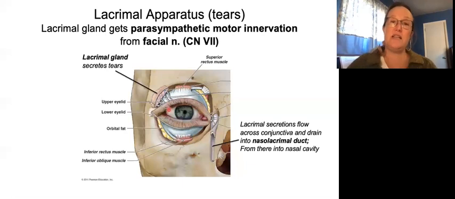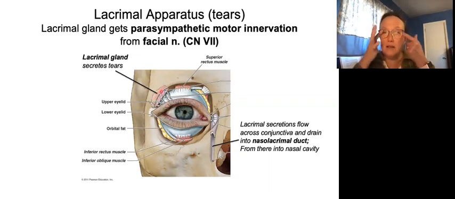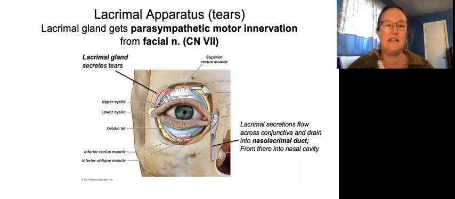Lacrimal secretions or tears are produced by the lacrimal gland. And this is a little gland that's right in the upper lateral corner of your eye. So up here, just at the edge of your orbit. And it has a number of little ducts that run down onto the conjunctiva, that is onto that membrane that's on the front of your eye.